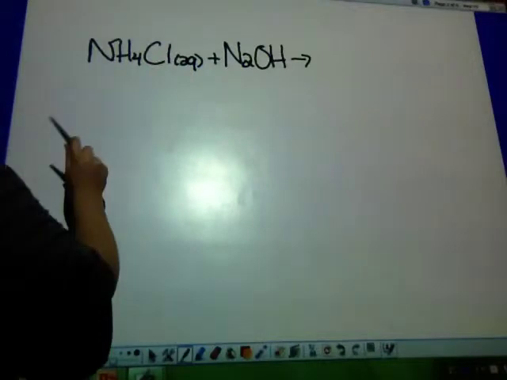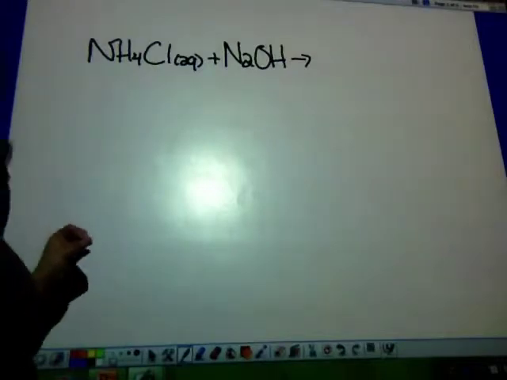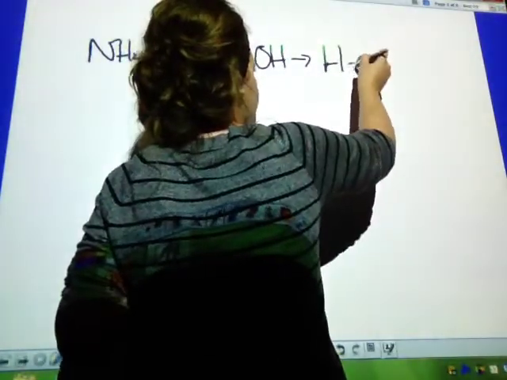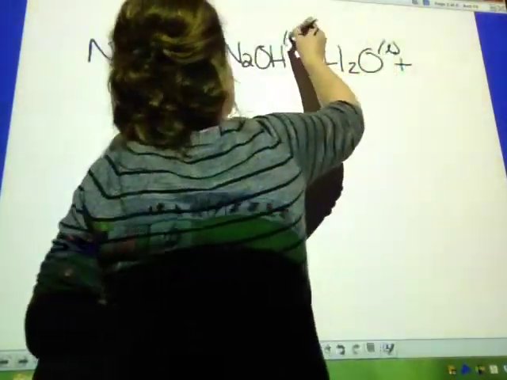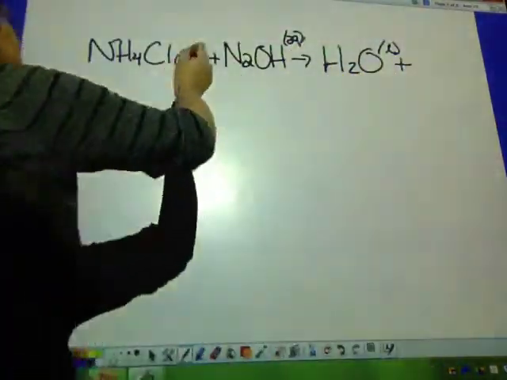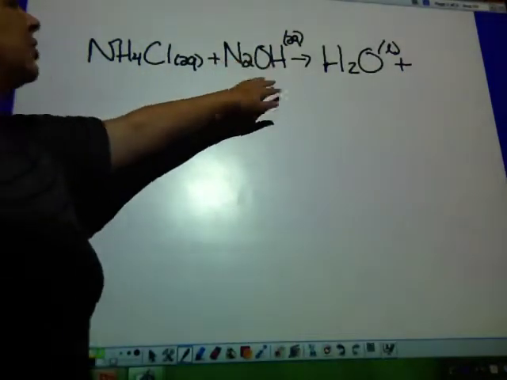So NH4Cl plus NaOH. And I know that it will produce three things. I know for certain I'm going to make water, so I have to produce H2O, aqueous, sorry guys, aqueous.